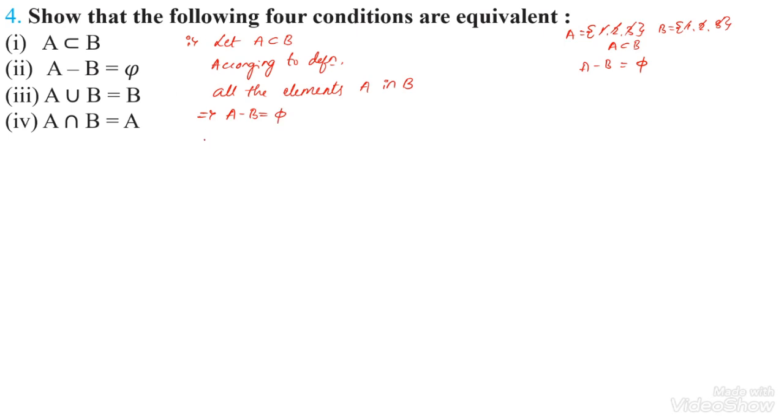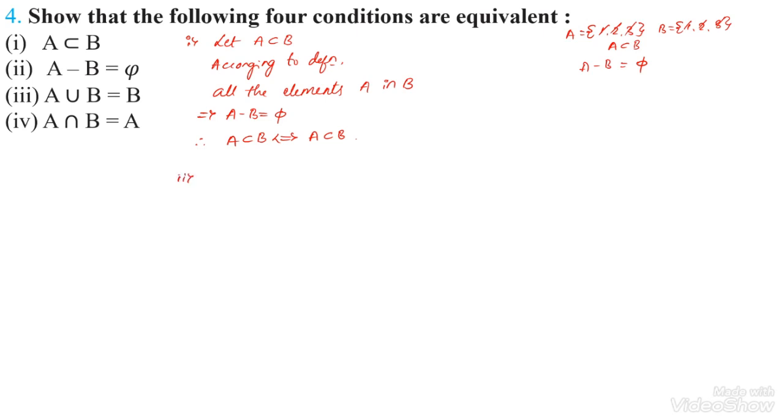Therefore, A subset of B is equivalent to this. This symbol shows the equivalence. Okay, now again, second step.